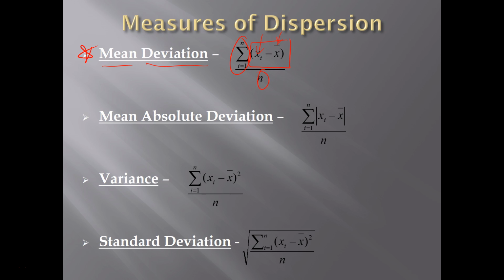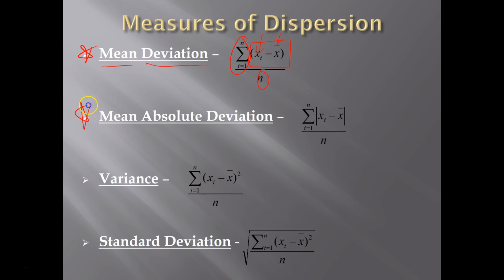A big number minus a small number is positive. If your xi is less than the mean, now you're taking a small number and subtracting a big number, which gives you a negative number. So sometimes these things are positive and sometimes negative. But that's how you find mean deviation. That's the formula for it anyway. So if you were stuck having to do this by hand, you could do it. It's just a lot of work.